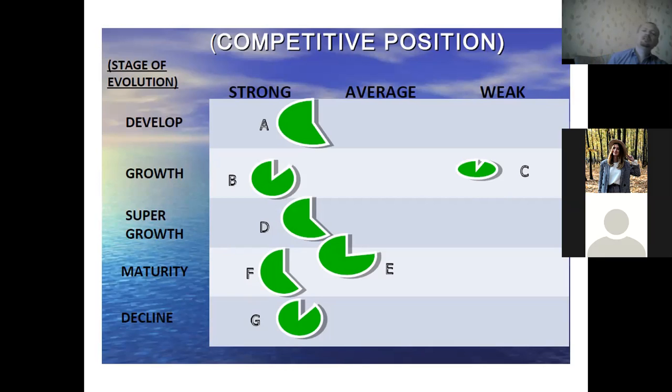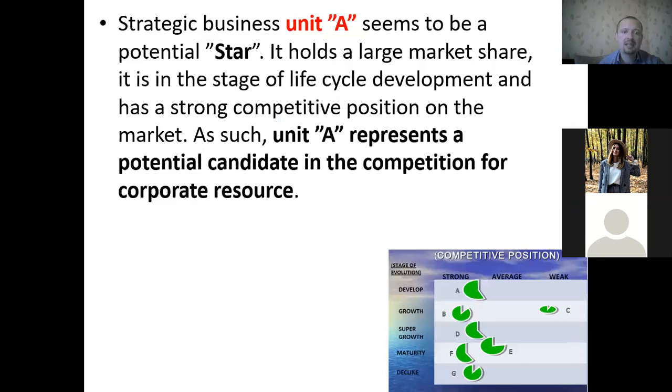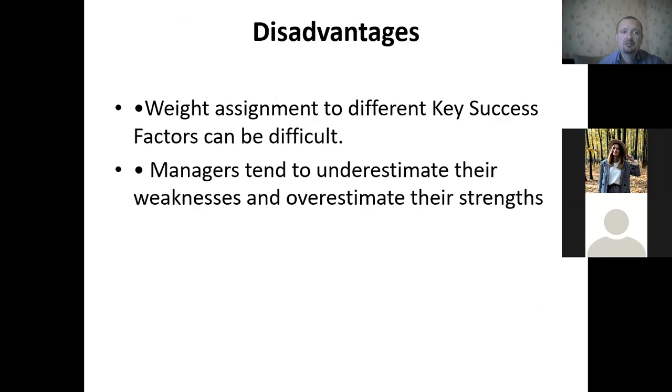So in this very case, we are trying to evaluate different industries with the help of one scale. It is rather difficult because we have to gather information about key success factors of all industries. So this disadvantage is connected to the disadvantage of General Electric matrix.